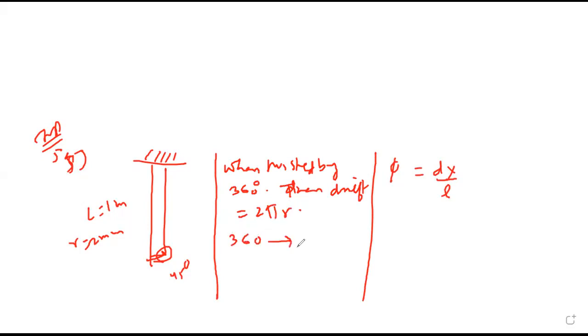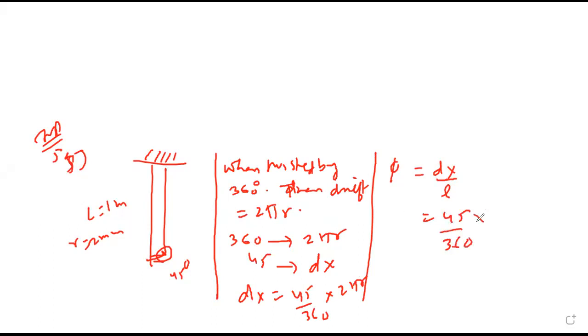So 360 degree corresponds to 2 pi r, 45 degree will correspond to dx. So dx is 45 upon 360 into 2 pi r. So phi is 45 upon 360 into 2 pi r divided by length 1 meter.